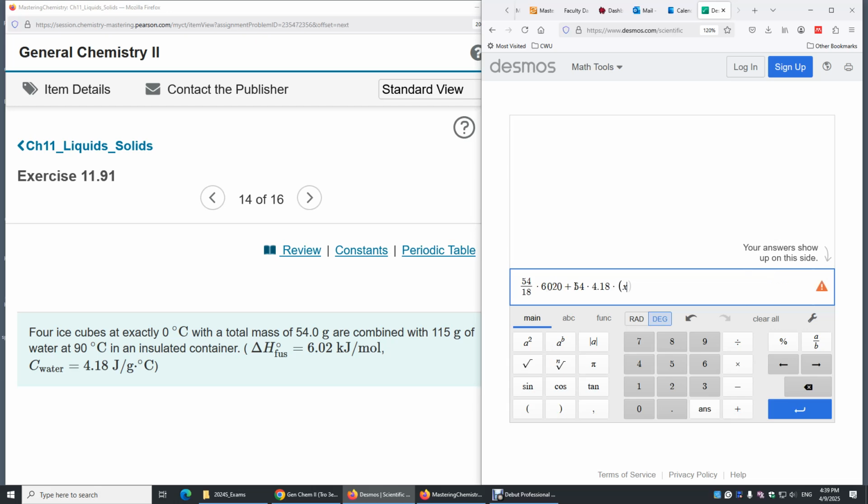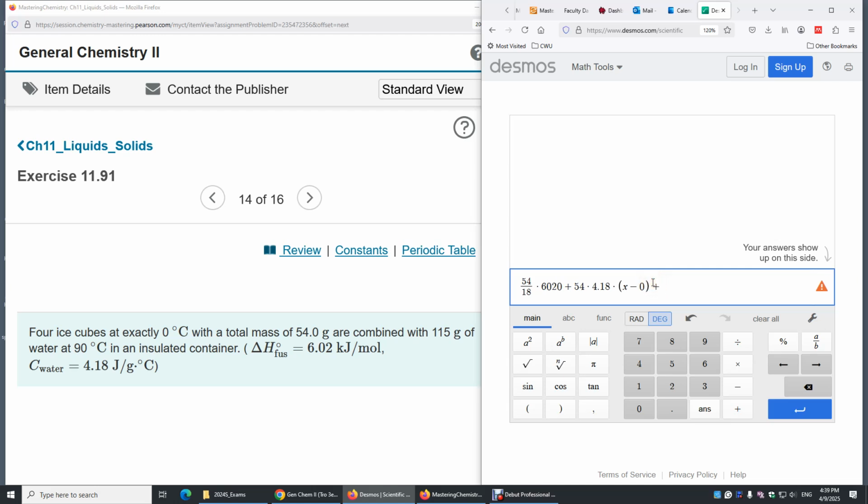So the ice is first melted to water at 0 degrees Celsius, and then its temperature is increased to X degrees Celsius.